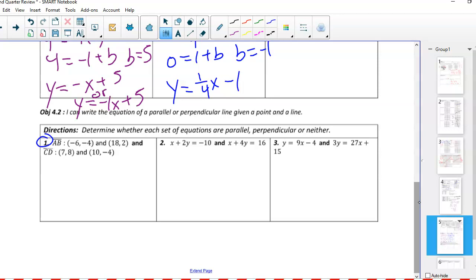So let's find the slope for both. For AB, that's going to be 2 minus -4 over 18 minus -6. What would that be? 6 over 24, which is 1 over 4.